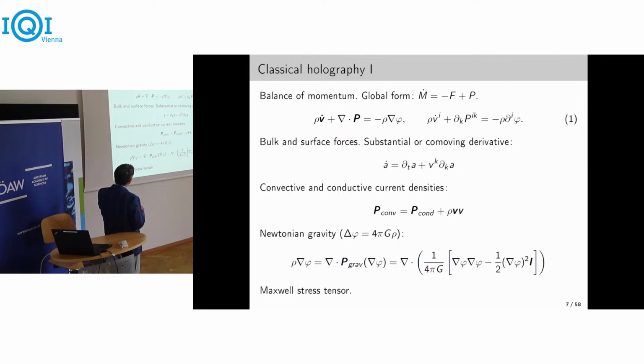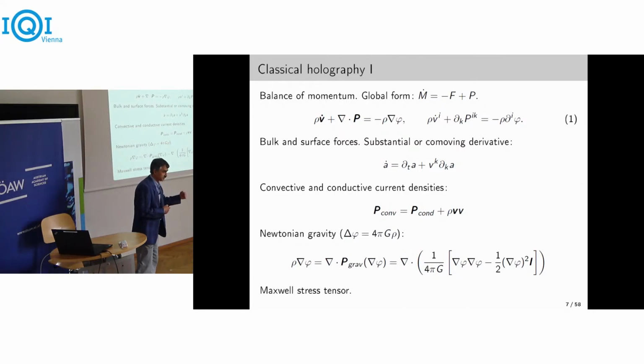In local form, it can be expressed in this way, where P, the pressure tensor, represents the current density on the surface of an arbitrary part of the space. And here I introduce the co-moving or substantial derivative, which can be written in this way for an arbitrary quantity. The velocity field is such that the acceleration is understood when you're moving together with the fluid.